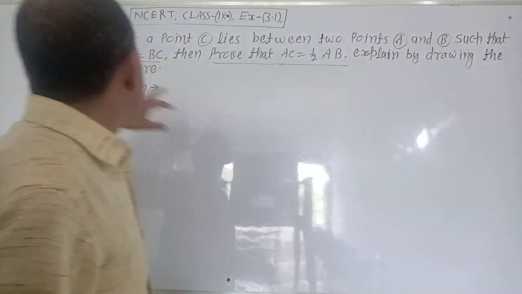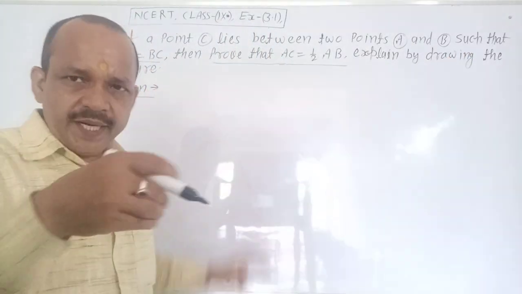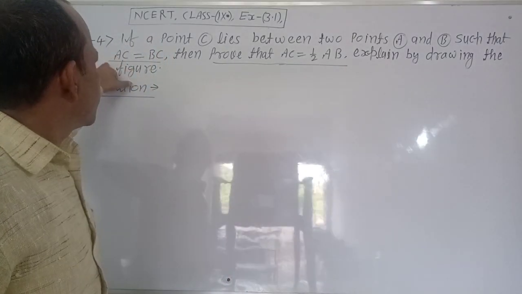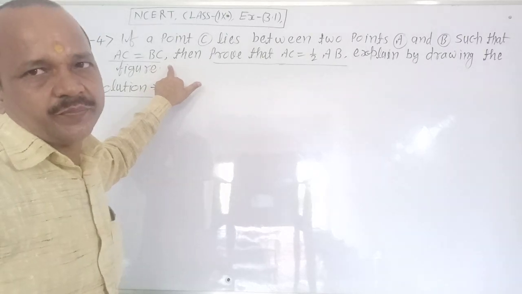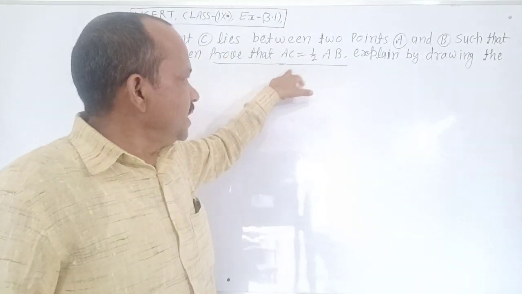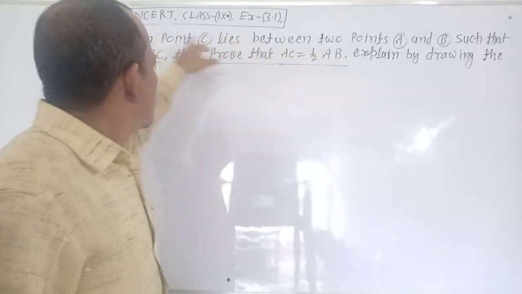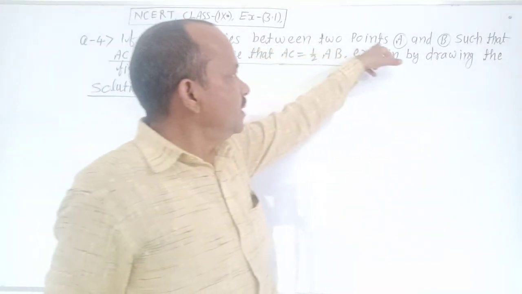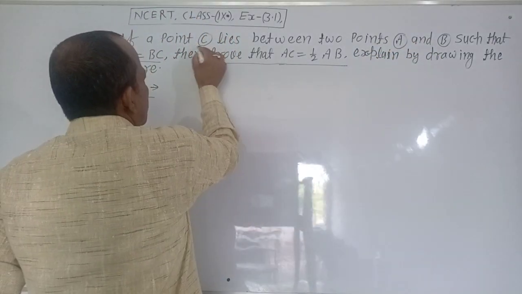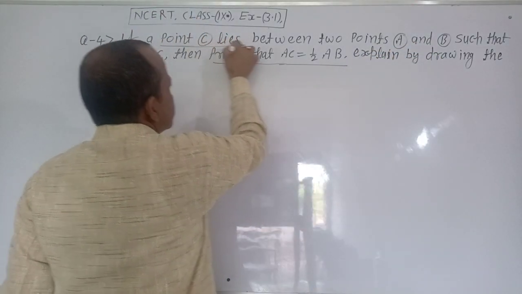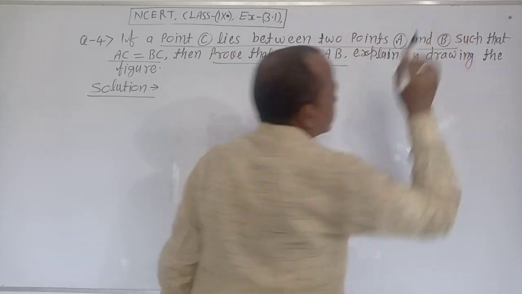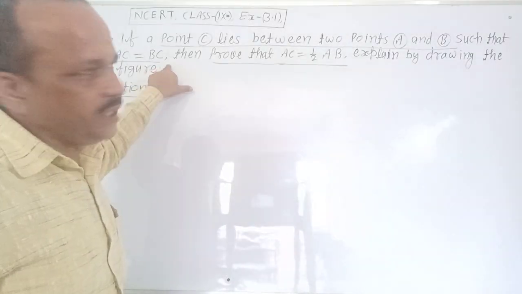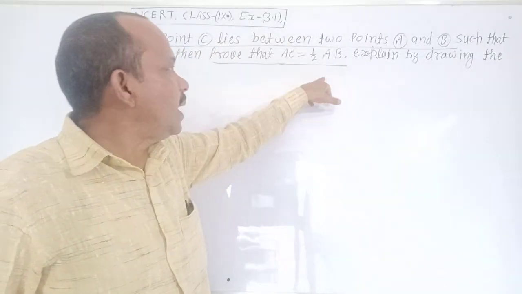Explain by drawing the figure. Here given AC equal to BC. Prove that AC equal to half AB. The question says, if a point C lies between 2 points A and B, AC equal to BC, prove that AC equal to half AB.